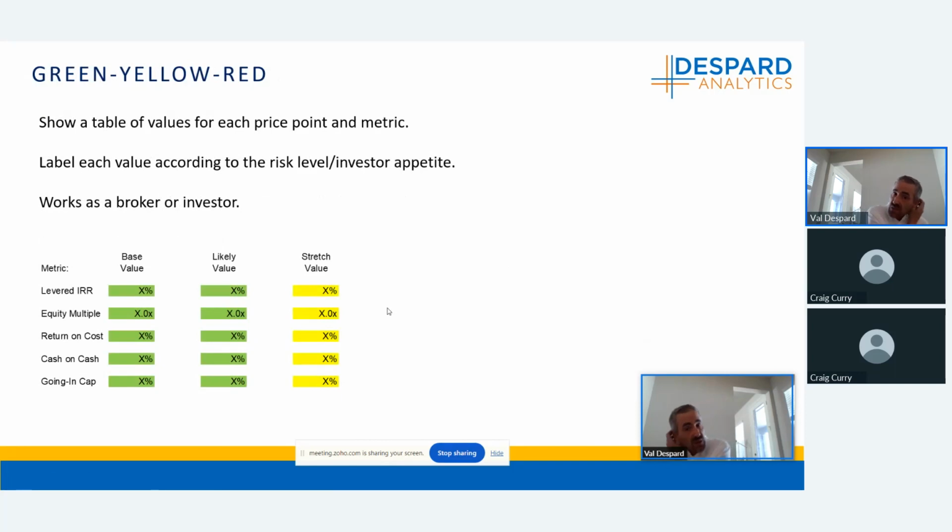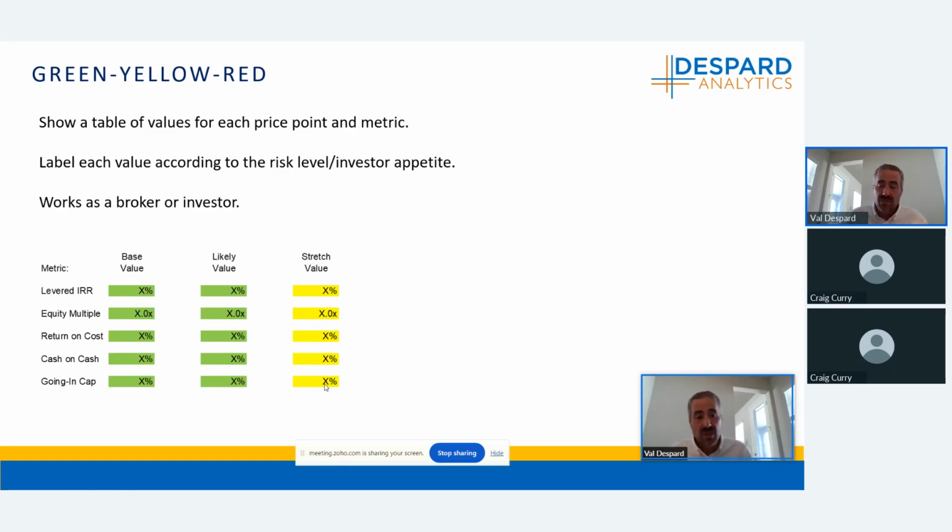The last thing I want to show is pretty simple here, it could be fancied up in a presentation graphically, but this is the idea of showing, whether you're a broker showing an investor, or an investor showing equity capital, each metric at different values, and whether they work, whether they are attractive in the current market.